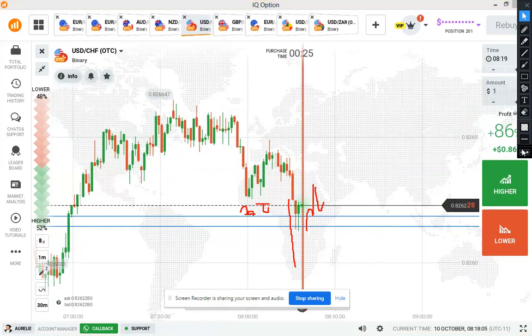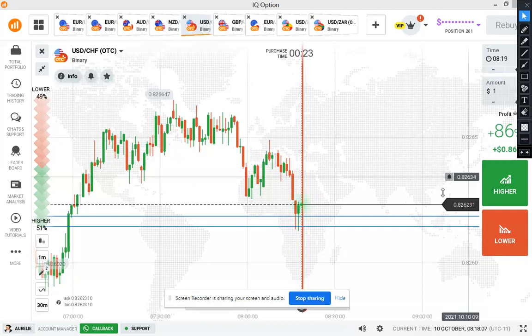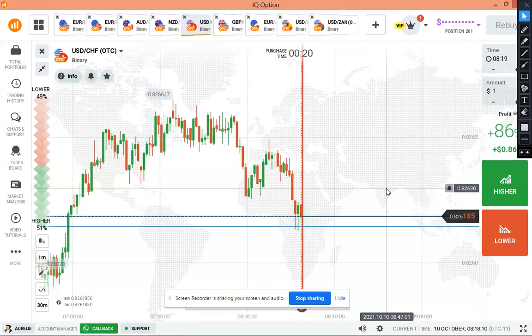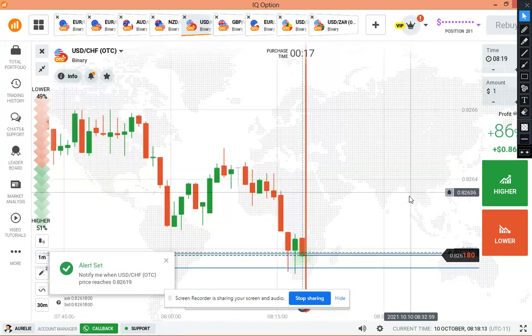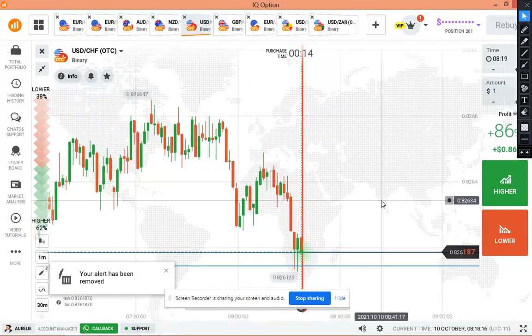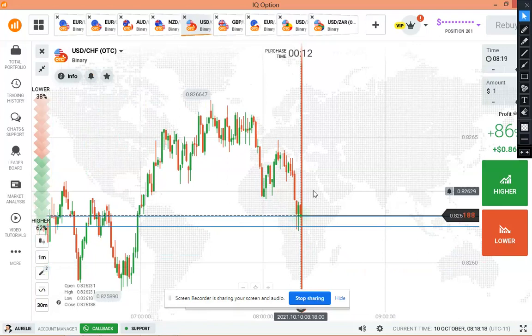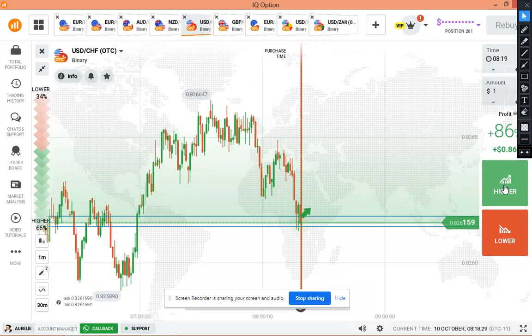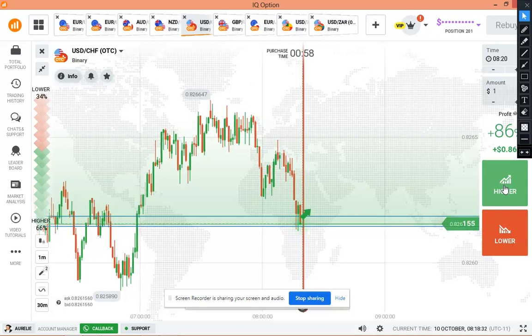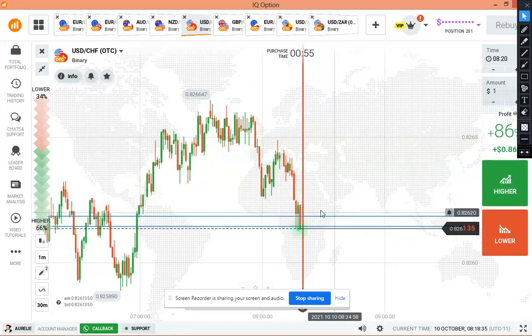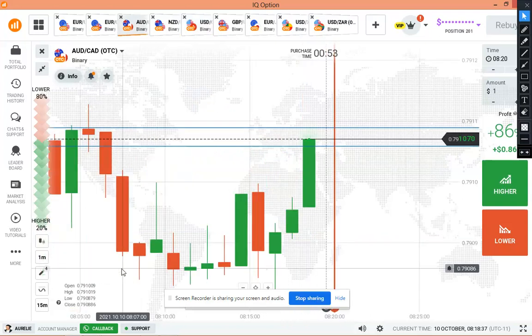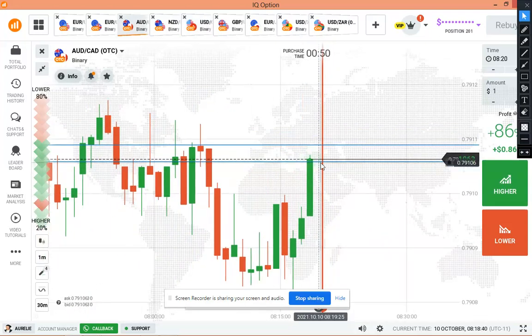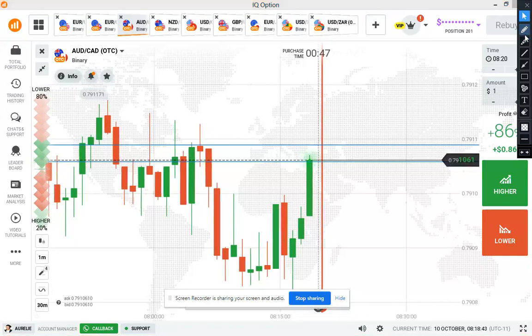Actually, the market reversed without closing inside the zone. But we are still expecting some buyers' entry. So let's see. Hmm.